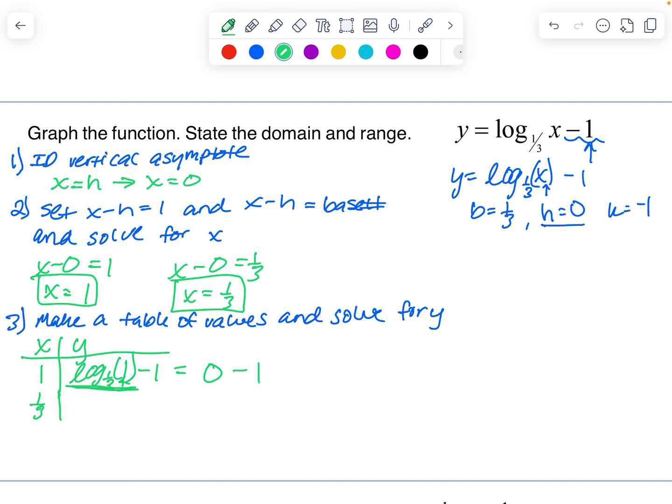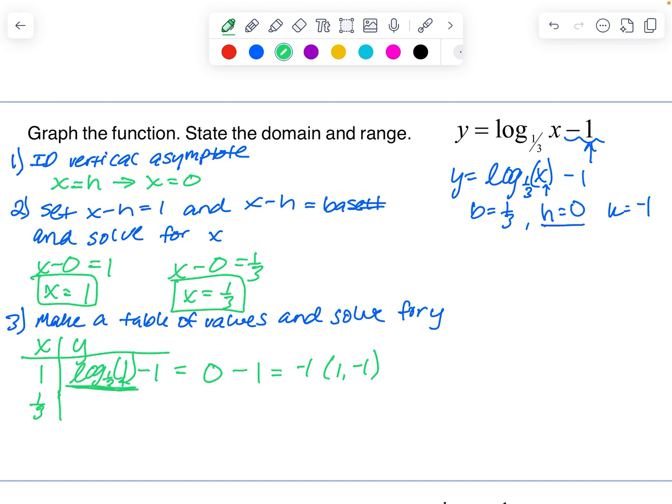Now, we do still have that minus 1 after it that has nothing to do with the log. We do that after we take the log. So I still have to subtract 1, and I'd get a y value of -1. So the point we just found was 1 that I plugged in for x, and I got out -1 for y, and we'll graph that in a second.